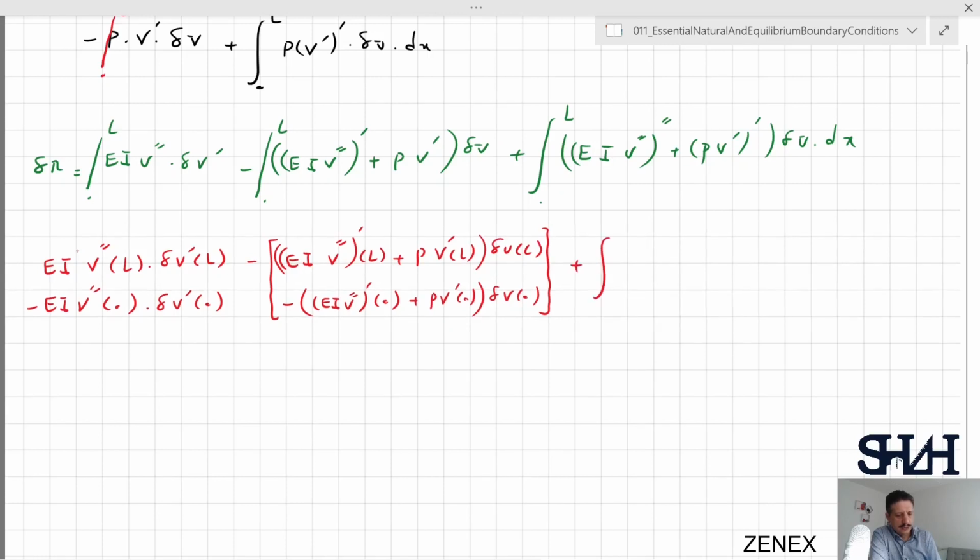And then plus integration of EI v'''' plus P v'' delta v dx.